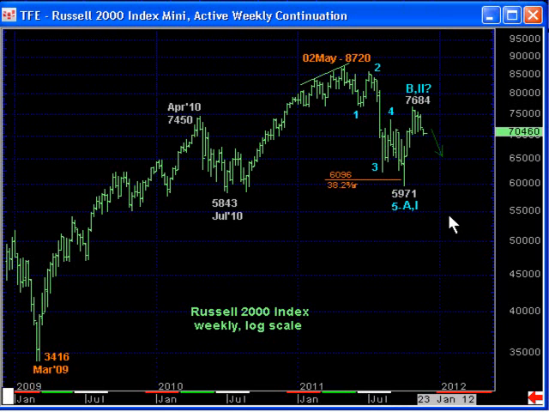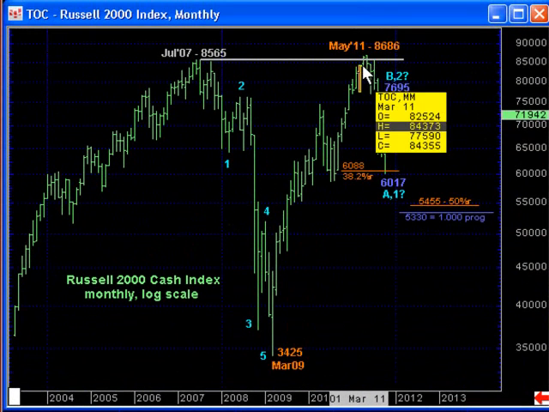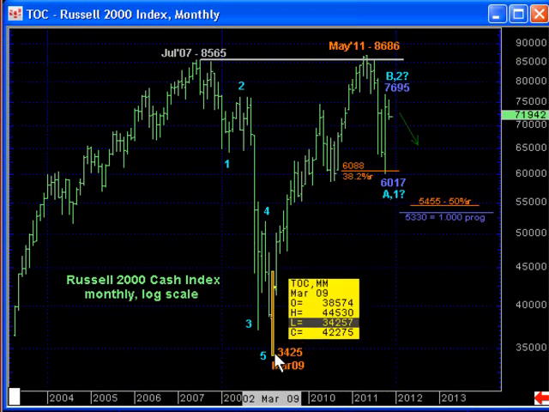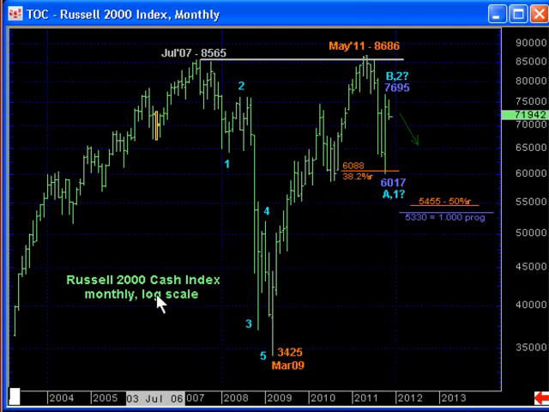but perhaps quarters ahead. Looking here at a monthly log scale chart, you can see 2011's 38.2% retrace of the major bull trend from the March 09 low at 34.25 all the way up to this year's high at 86.86, basis the Russell 2000 cash index.